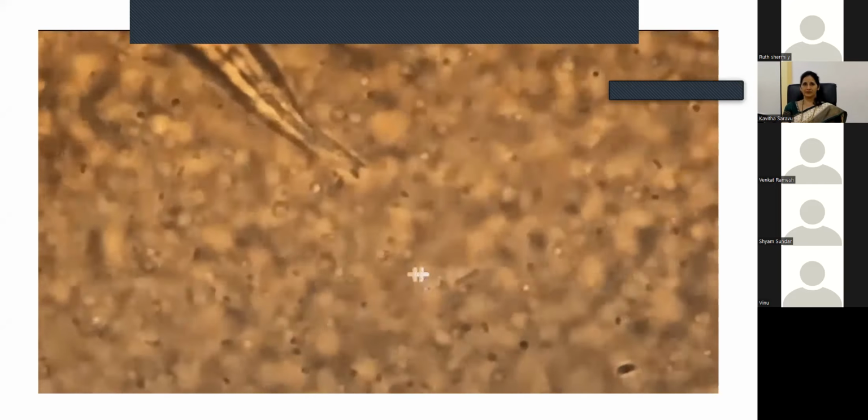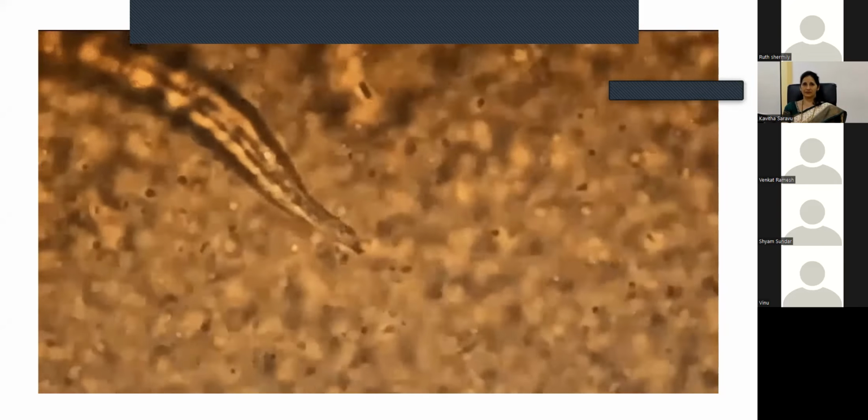This is a microscopy which I have done, and I tried to focus on the notched tail. There are many stages of the larva, from L1 to L4. The L1 stage is called the rhabditiform stage, while L3 is called the filariform stage.